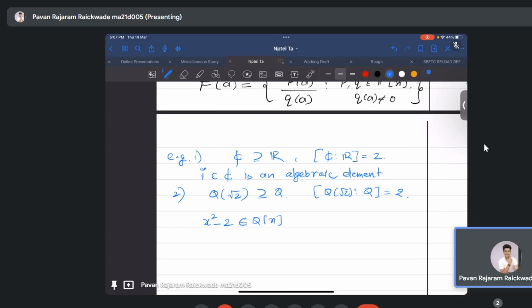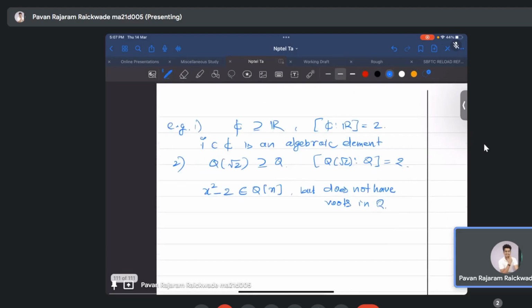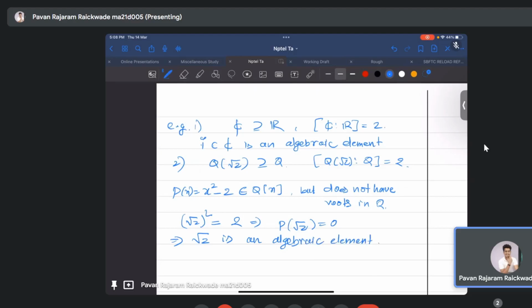It does not have roots in Q, but root 2 squared is 2, which implies this polynomial, I'll call this p(x), p(root 2) is 0, which implies root 2 is an algebraic element.